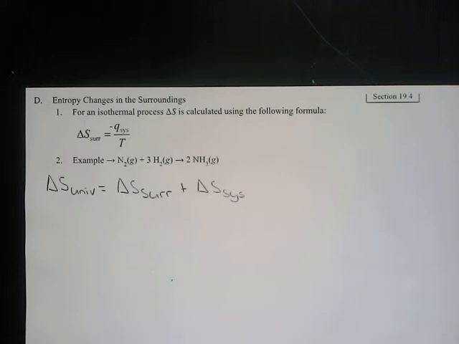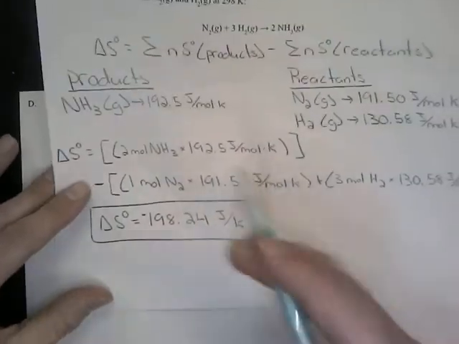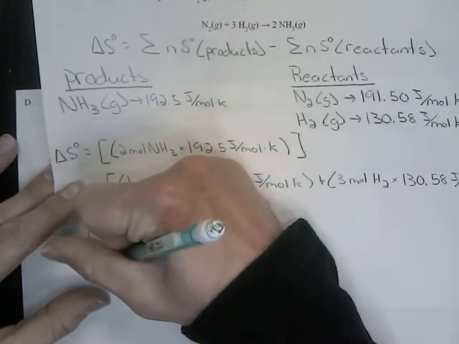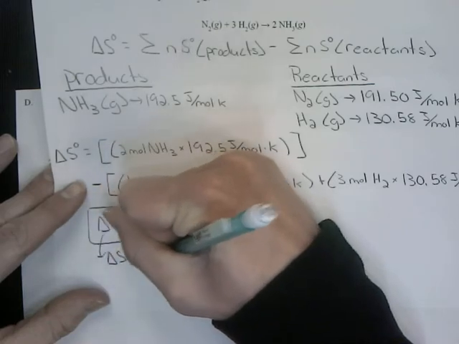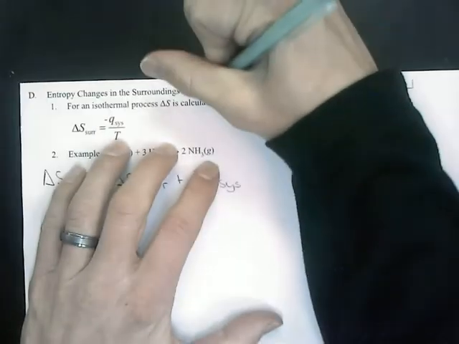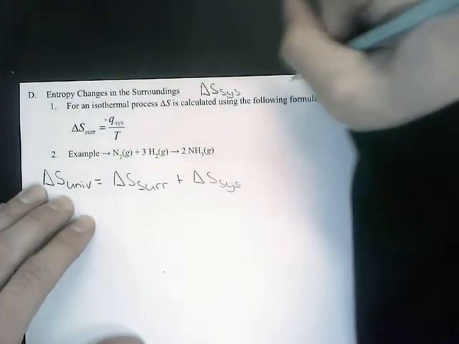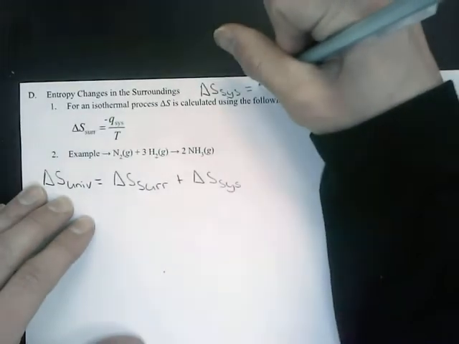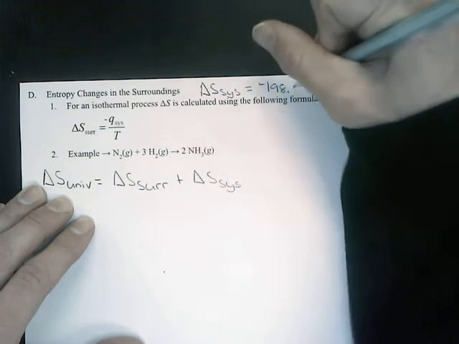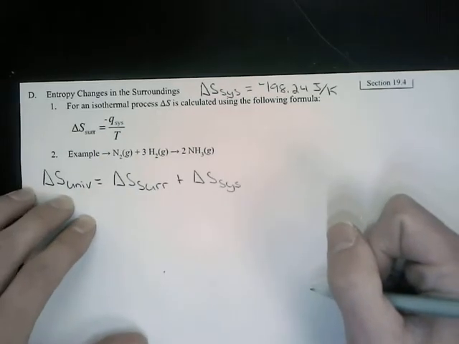What we just tabulated is delta S of the system, so I'm going to put that up top here. Delta S of our system is going to be negative 198.24 joule per Kelvin. Okay, so keep that in mind.